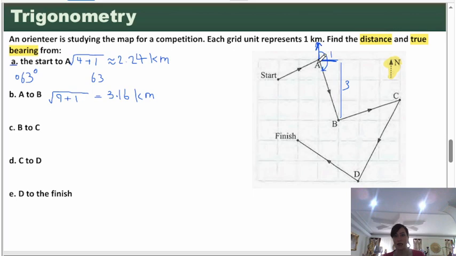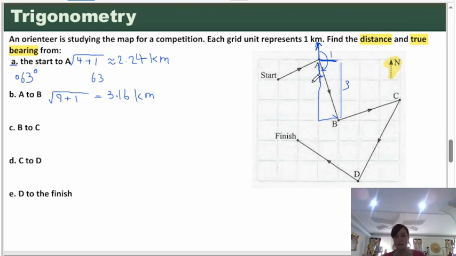And let me find this angle. If I find this angle, then subtract from 180, I will find the other angle.